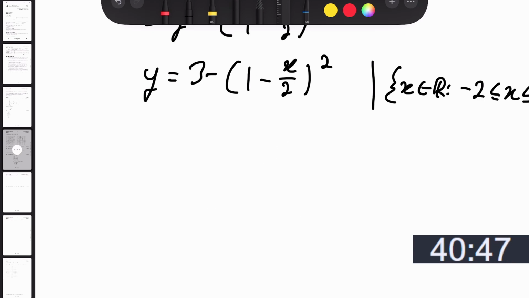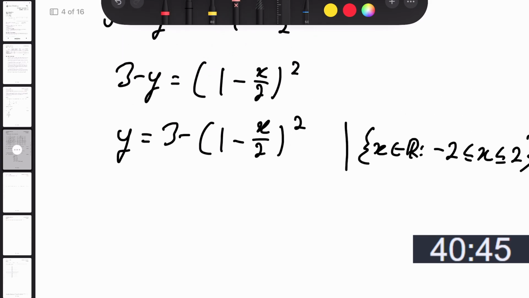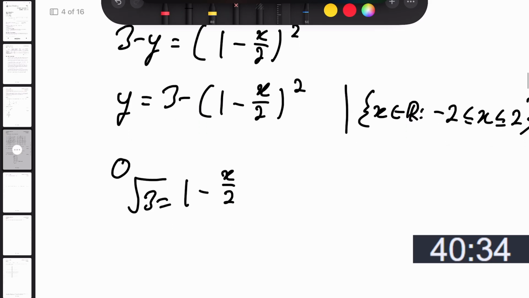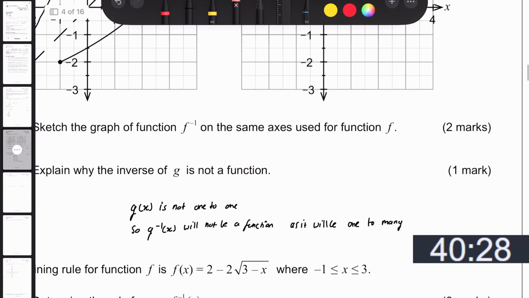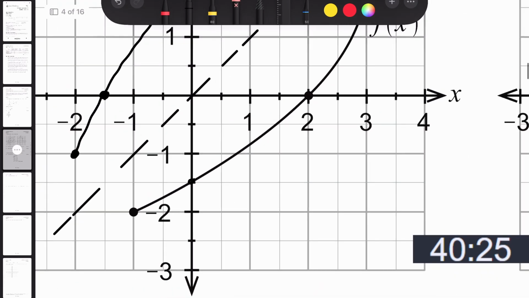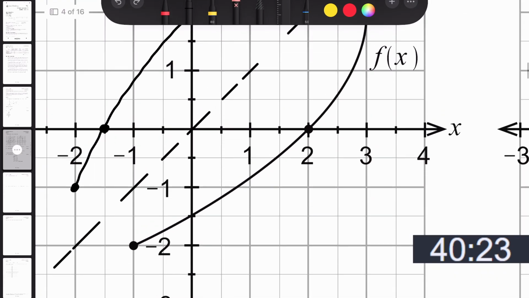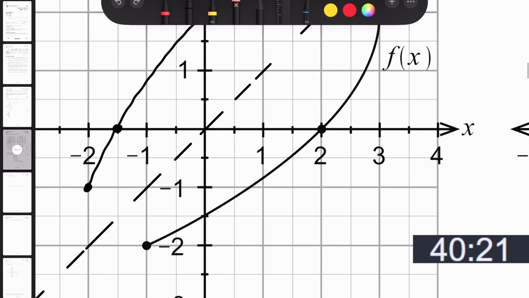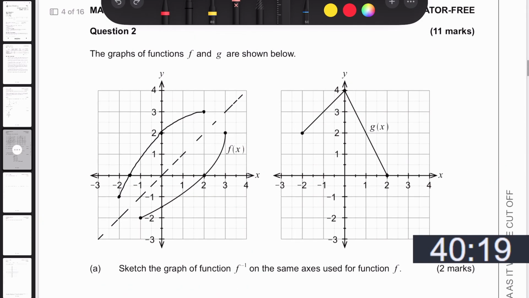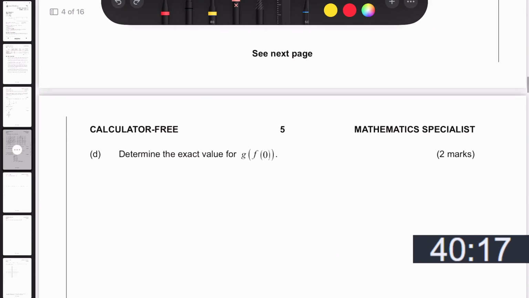I have no idea. Right, so if I did 0, then 3 equals 1 plus. It's this point. Because that's definitely, I'm not being stupid, right? 0, negative 1.5. So negative 1.5 is 0. Okay, whatever, we'll come back to it.